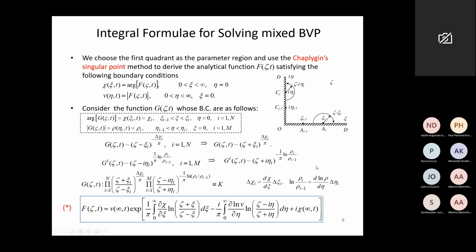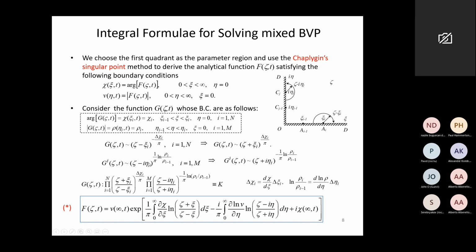To do that, we discretize, again, the first quadrant as the parameter plane. We discretize the imaginary axis and real axis into intervals psi I, and eta I.